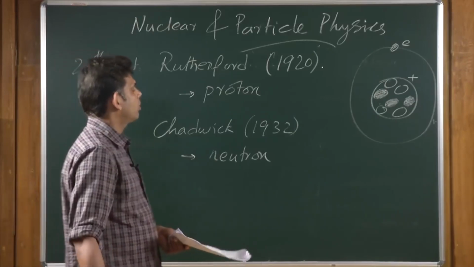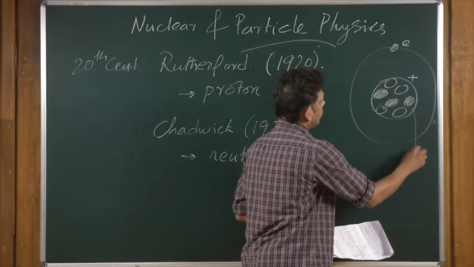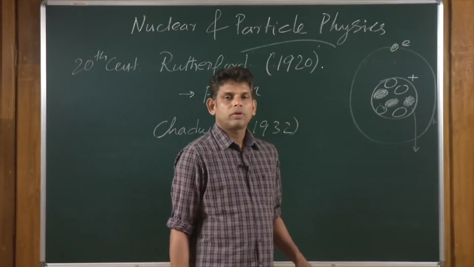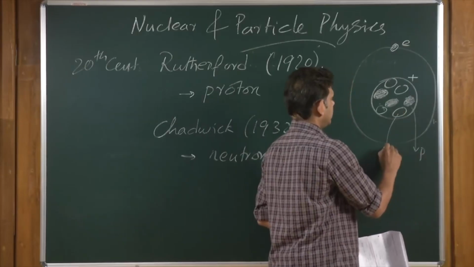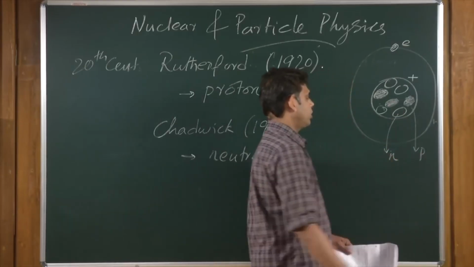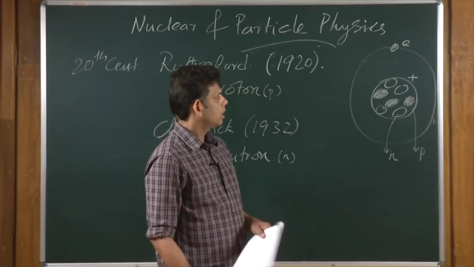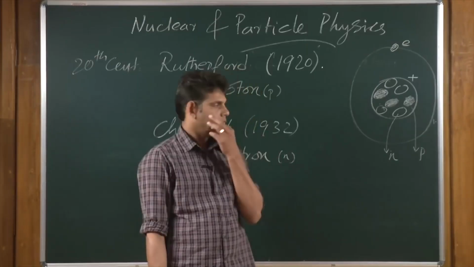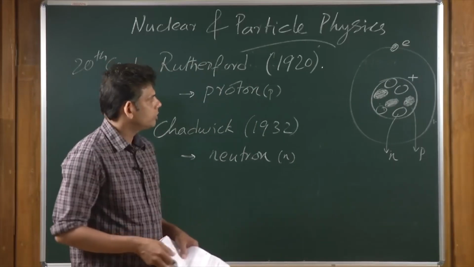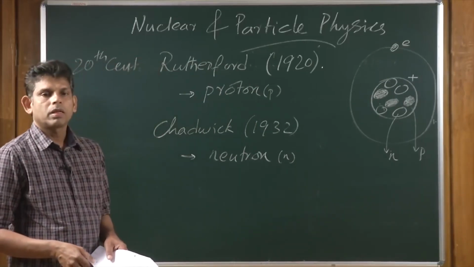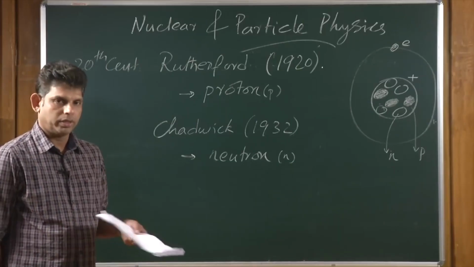So, in the way I have made this cartoon, we have the protons and neutrons, let me denote them by N, in the atomic nucleus. So, that is the modern picture of the atom, along with quantum mechanics and the rules of quantum mechanics put in.